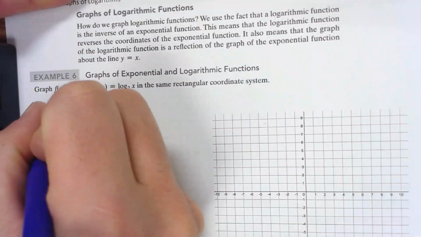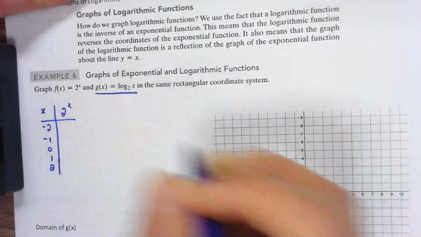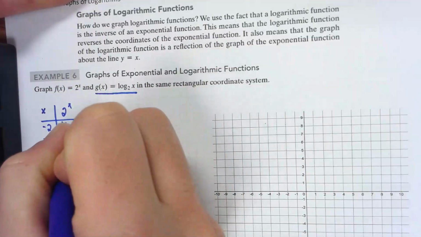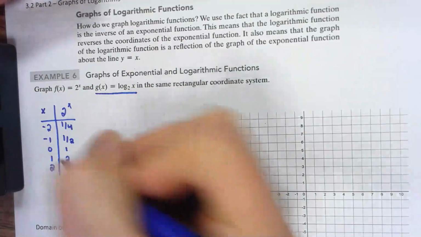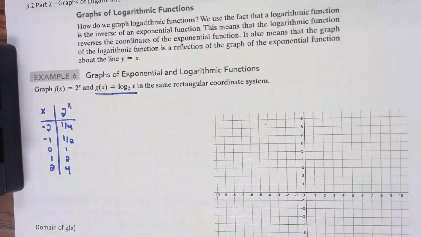Let's plug in -2, -1, 0, 1, and 2, giving me y values of 1/4, 1/2, 1, 2, and 4. So these are values for the inverse of log base 2 of x. And so we're ultimately working on being able to graph this log function.